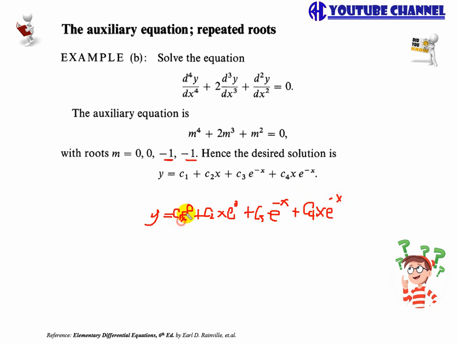Pero alam natin yung lahat ng variable with exponent 0 is magiging 1. So, that is y is equals to C1 plus C2x plus C3 a raised to negative x plus C4 x a raised to negative x.